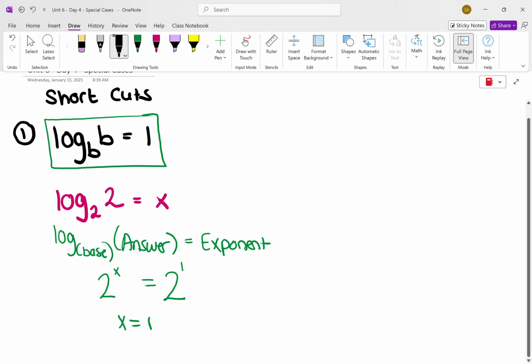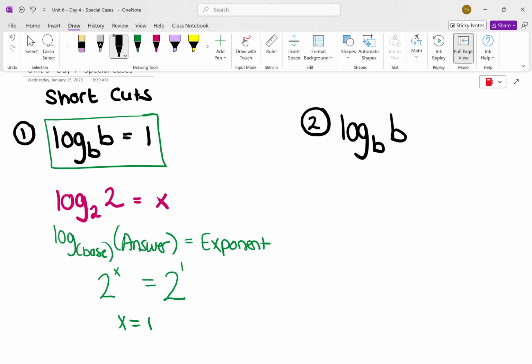All right, that's the first shortcut. Second shortcut: log base b of b raised to the t will simplify down to t. This is saying anytime the base of the log and the base of your argument are the same, it will always end up being the exponent on the argument.